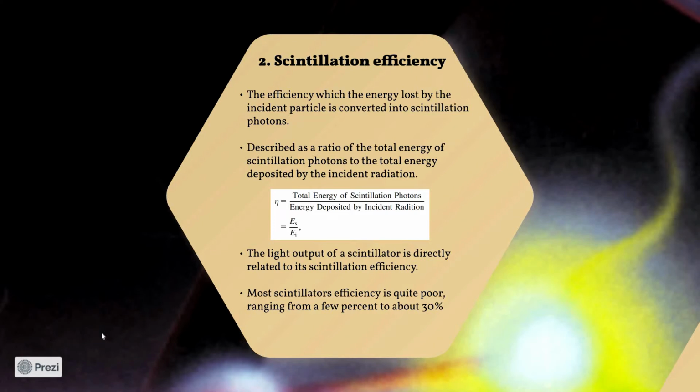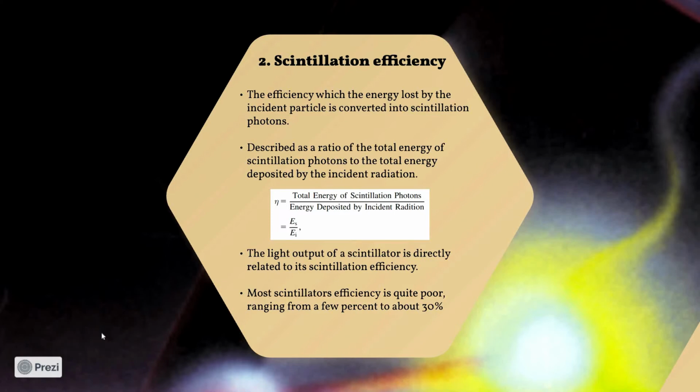Scintillation efficiency is the efficiency with which the energy lost by the incident particle is converted into scintillation photons. Scintillation efficiency is described as a ratio of the total energy of scintillation photons to the total energy deposited by the incident radiation. The light output is directly related to the scintillation efficiency.